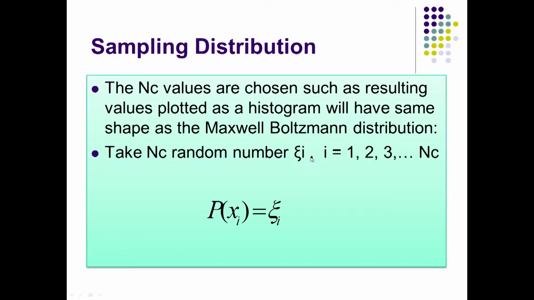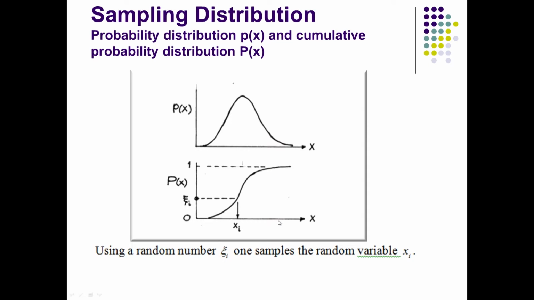So, if I look at this chi i, which is a variable that represents random numbers, and I can have n_c such numbers which we are looking at. If I look at the probability P(x_i), it becomes chi_i. So, this is what we are looking at here: the random number generator, if it is between 0 and 1, and x_i, which is the probability of finding a particle at position x, they will become the same.